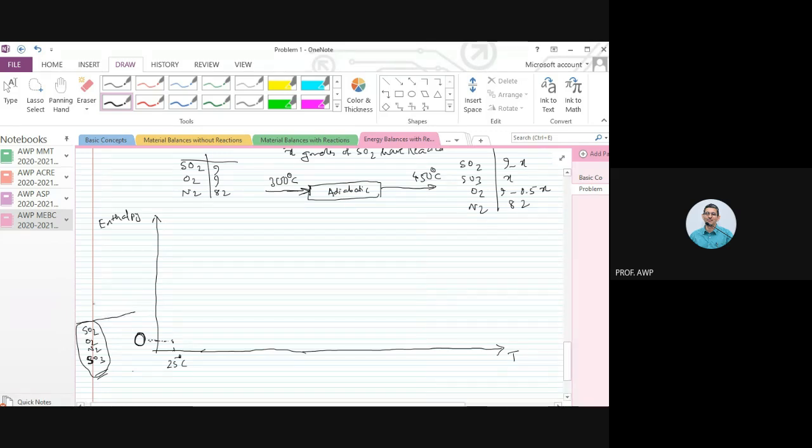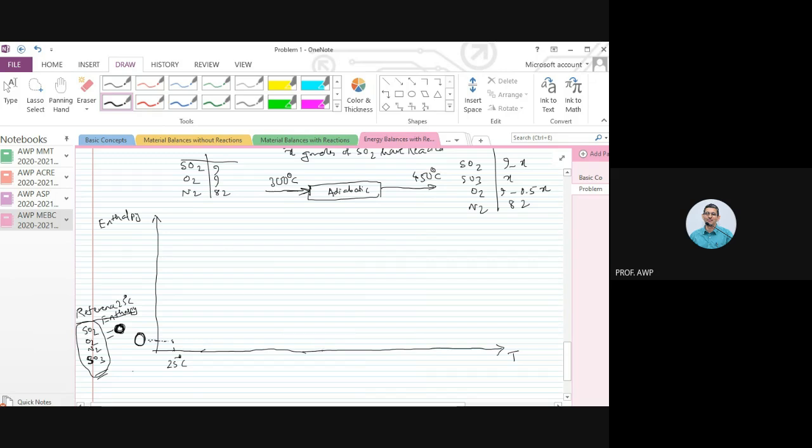So at this reference condition of 25 degrees centigrade, the enthalpies of SO2, SO3, oxygen, nitrogen, all these have 0 enthalpy, like the potential energy we have defined. Now, what is happening in the reactor?